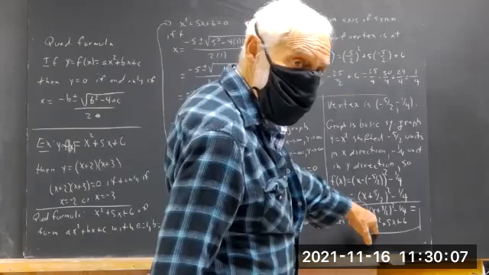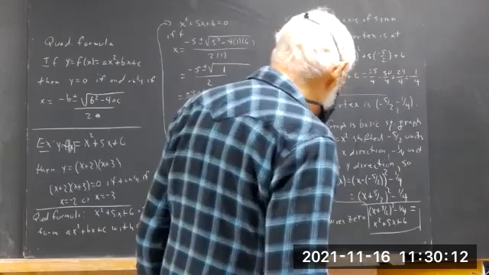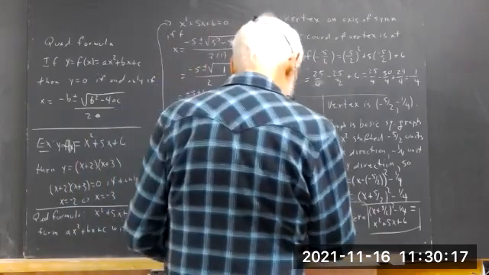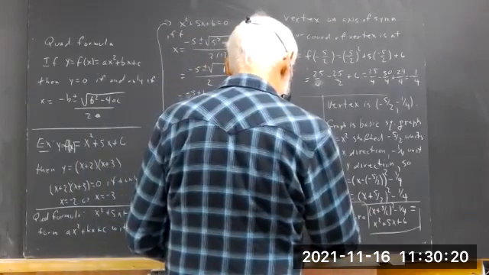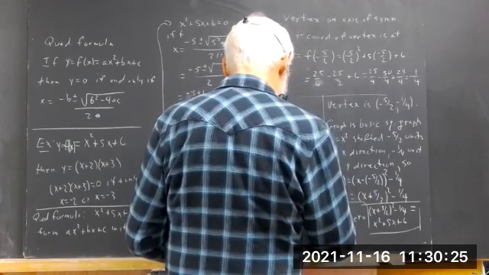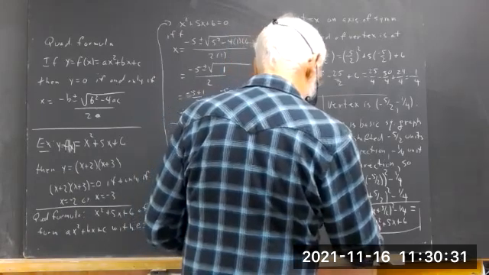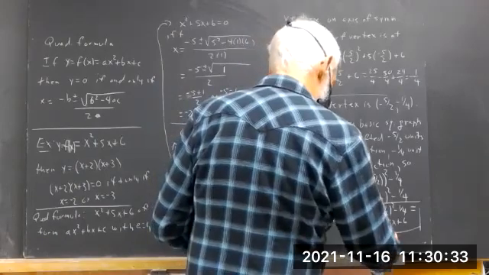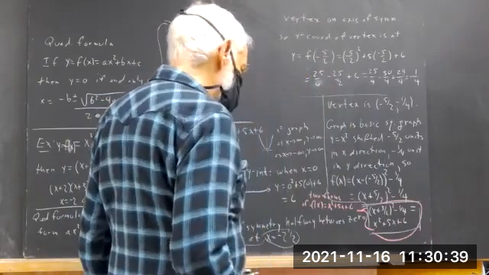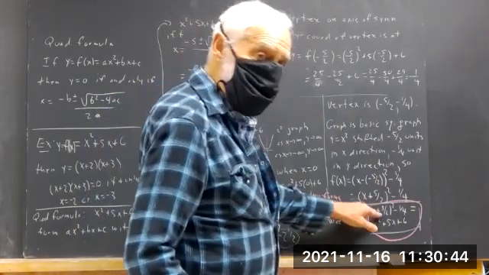This is your general form. And this is a big deal. And again, this is called the vertex form.